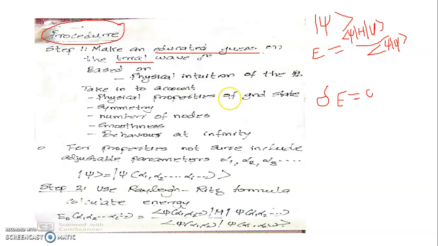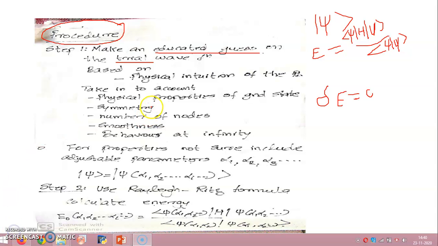That includes the physical properties of the ground state, basically, since we are applying this with greater validity to the ground state. Symmetry of the wave function: what will be the nature of this wave function, whether it can possibly be a sine wave. Number of nodes present in the wave function.